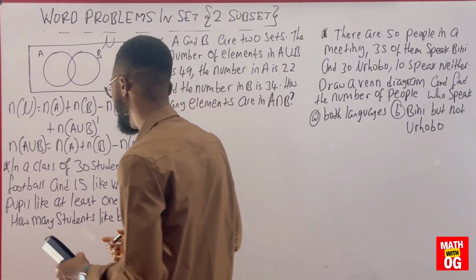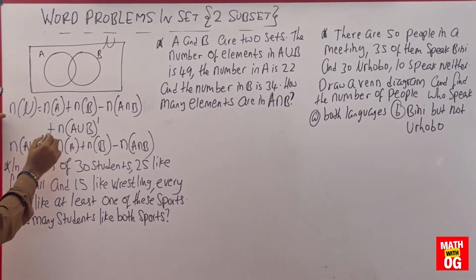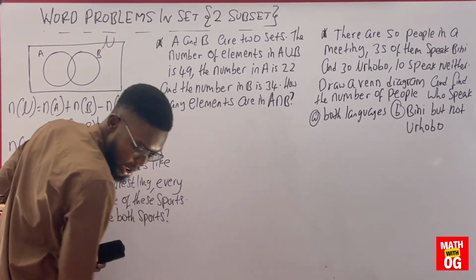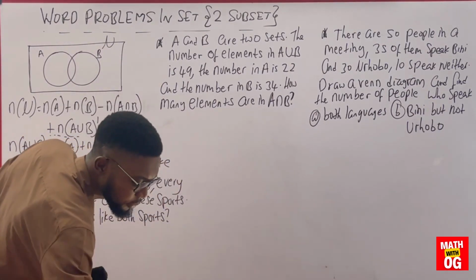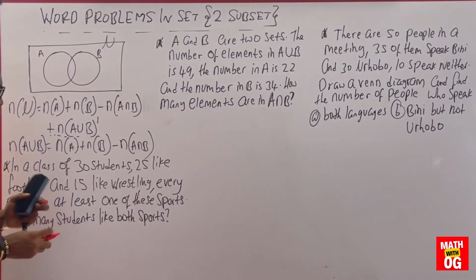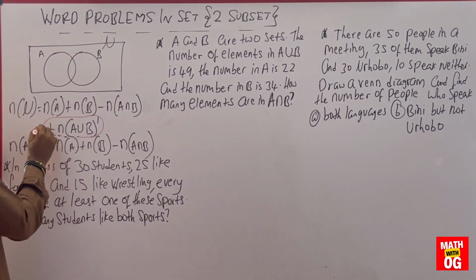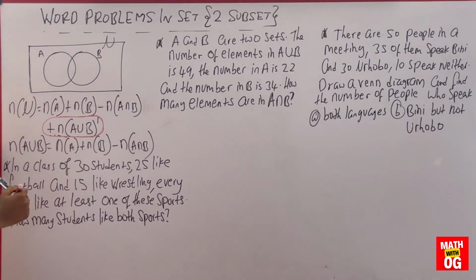So if we are to work with our formula, we will not be dealing with this part here. So let me circle it with another color entirely. We'll not be dealing with this because this is for those who don't like football or wrestling, and we don't have any students in the class that do not like football or wrestling.